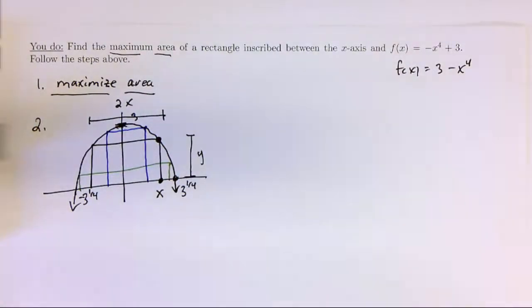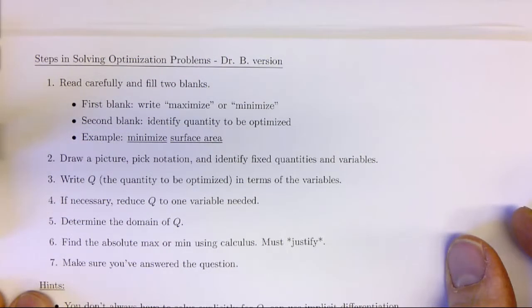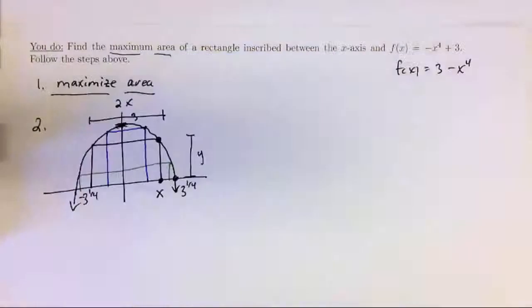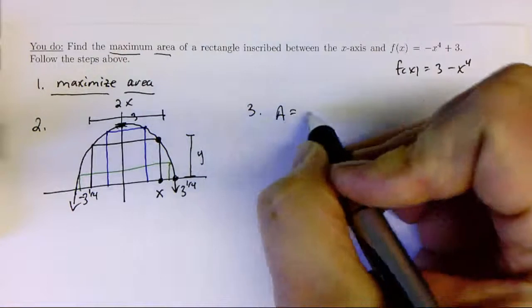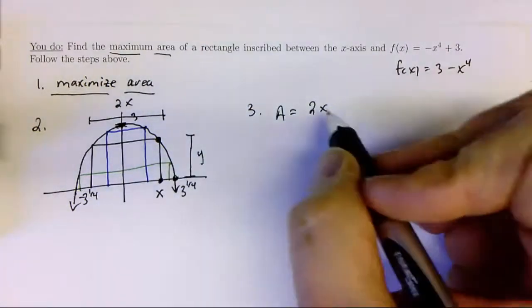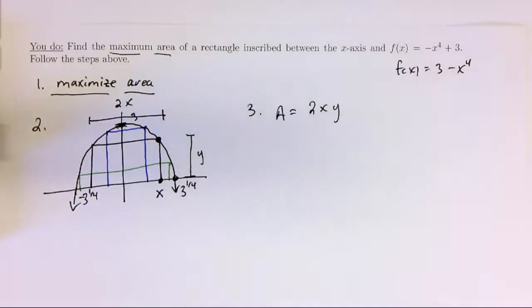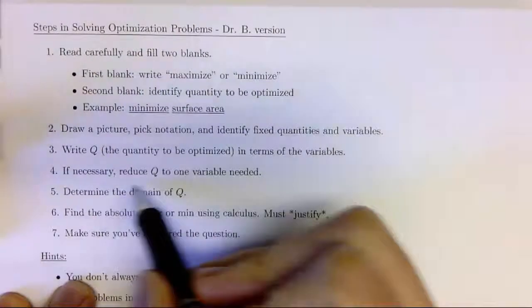Step 3. Write the quantity that we want to optimize. We'll call it Q. In this case, we'll call it A for area in terms of the variables. Well, our area is the width of the rectangle, 2x, times the height of the rectangle, y. If you've got more than one variable in there, you're going to need to reduce it to one variable.